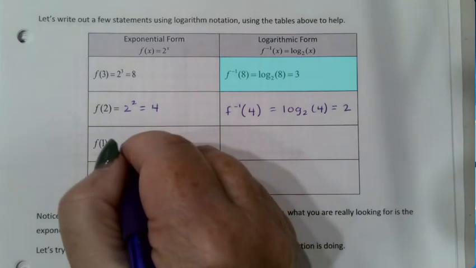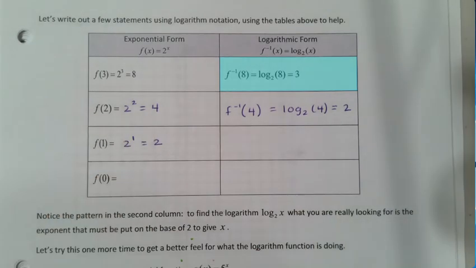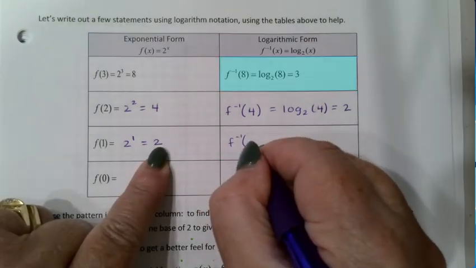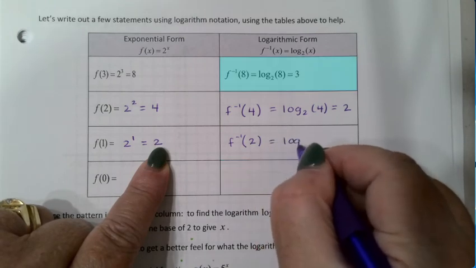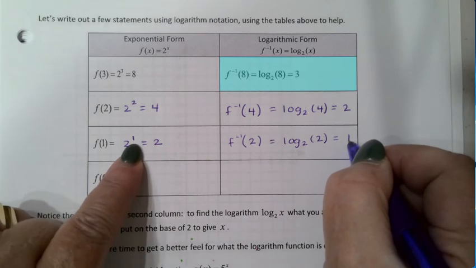A couple more. f of 1, 2 to the first power equals 2. So f inverse of 2, or in other words, the log base 2 of 2, would equal that 1.